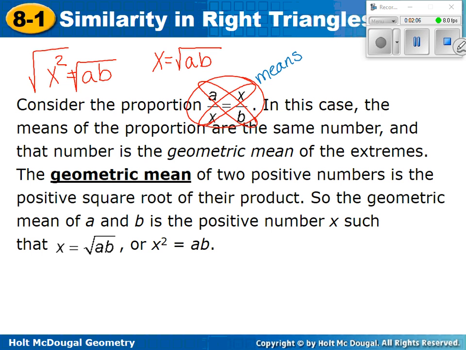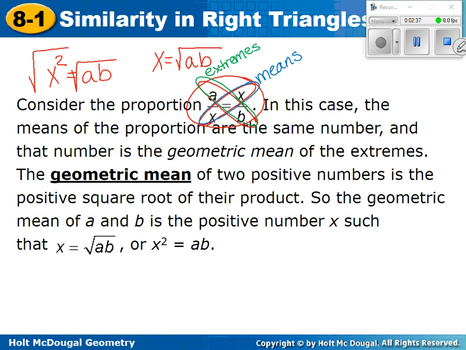And the one that goes down from left to right is called the extremes. And it's not important that you memorize that at all. But what I want you to understand is in this reading, it says that the number is the geometric mean of the extremes.